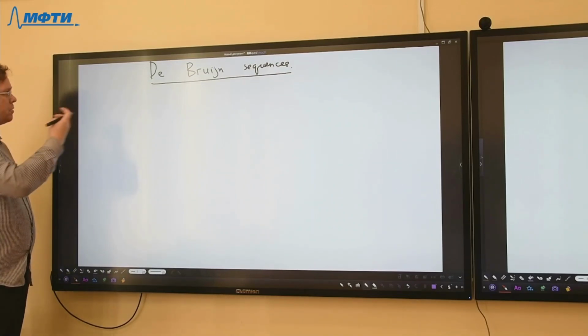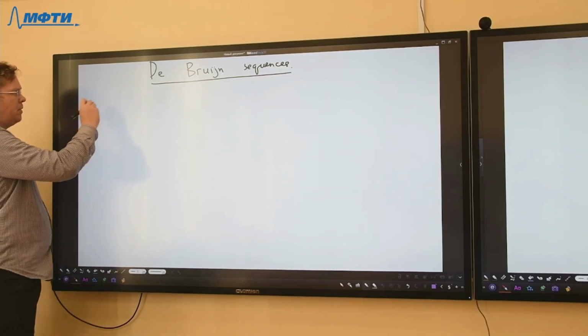What are these sequences? So we just fix the elements of the alphabet.